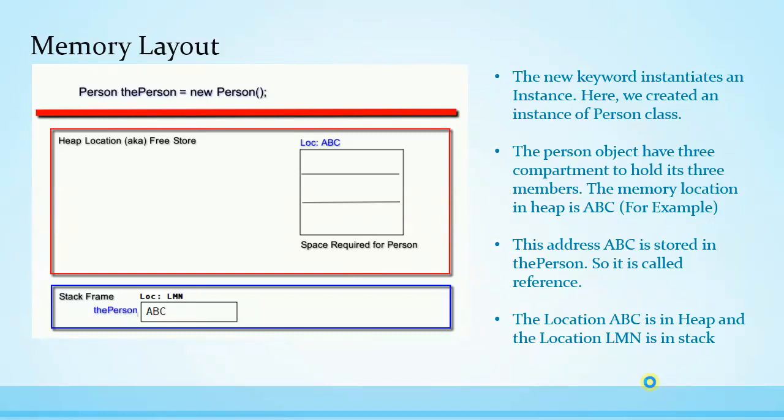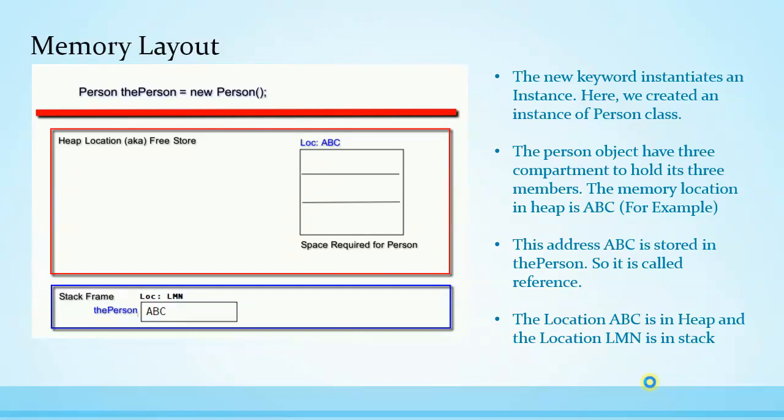And if you see in the stack frame, let's say we are creating the object in the static void main. I mean the statement person, the person equal to new person, semicolon. This is in public static void main. That means the stack frame in the bottom is for the static void main.